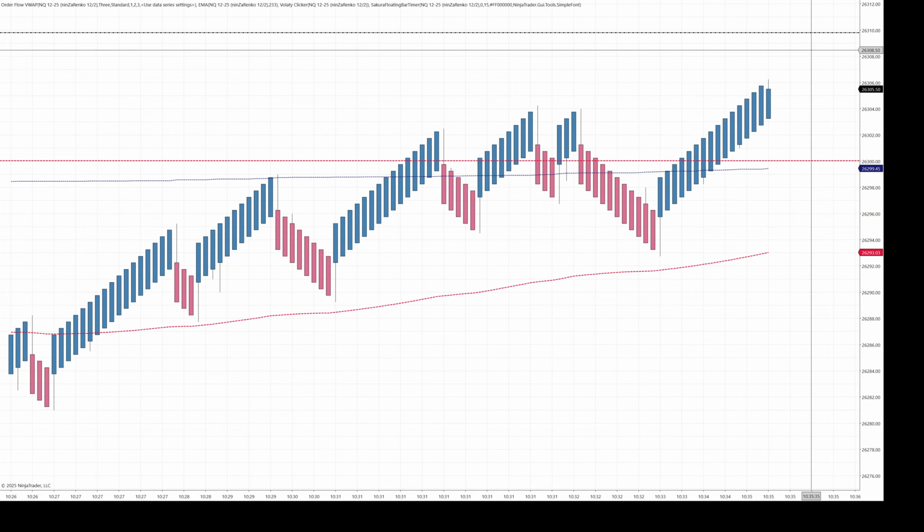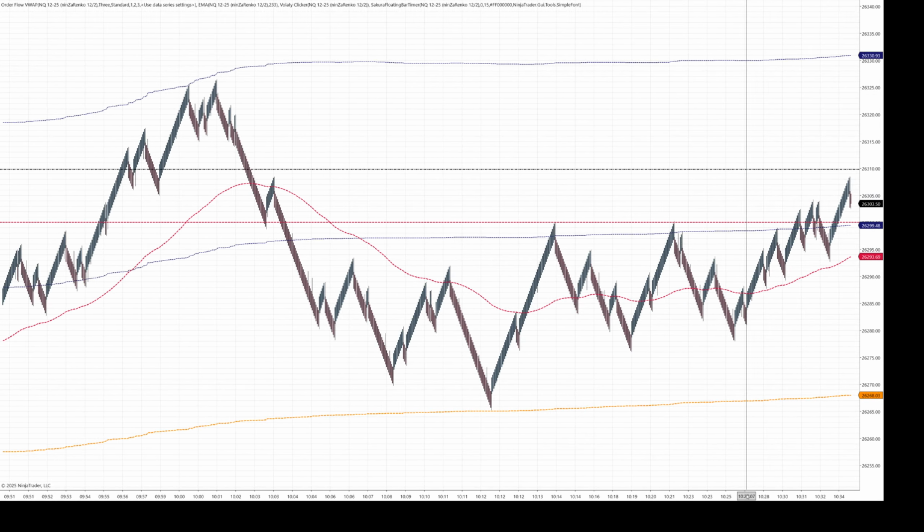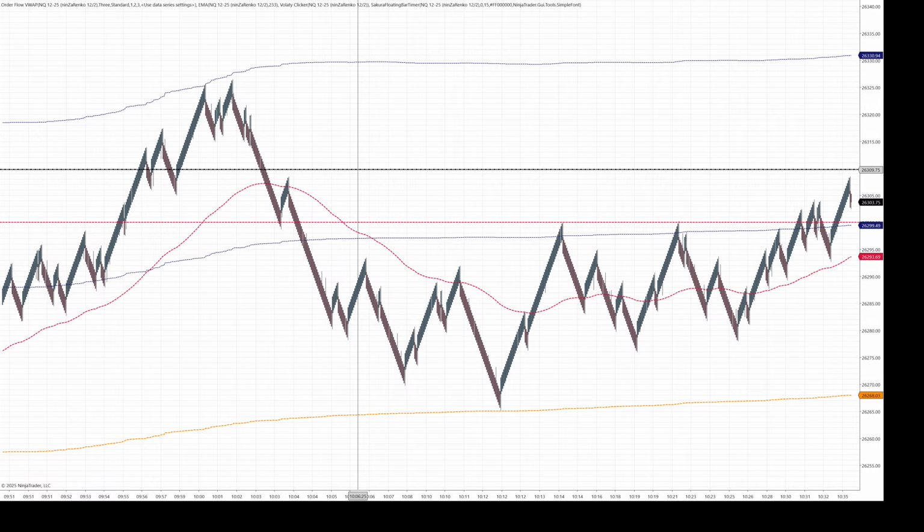Looks like we want to go up and retest the all-time high. Although we do have actually the real all-time high. This was the overnight all-time high.